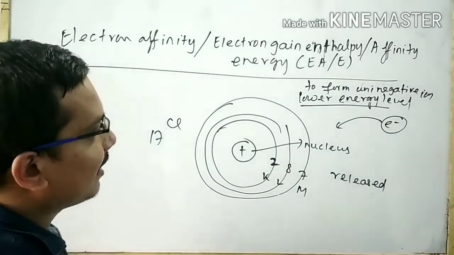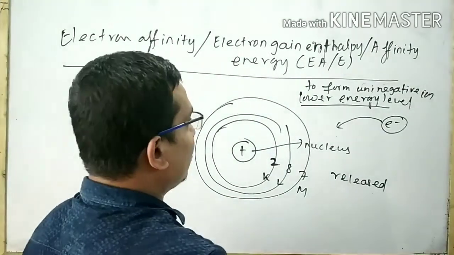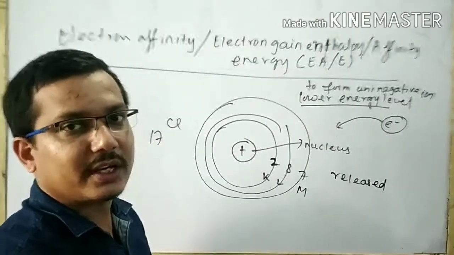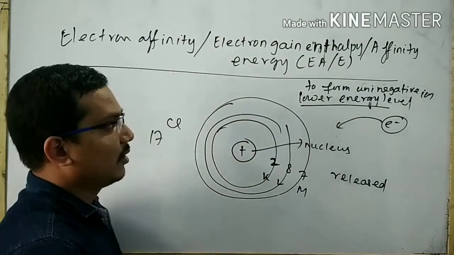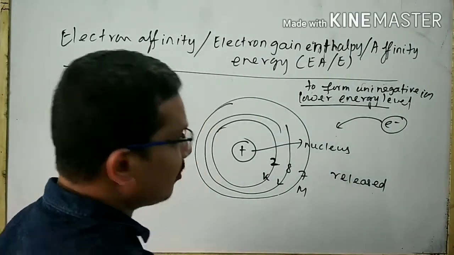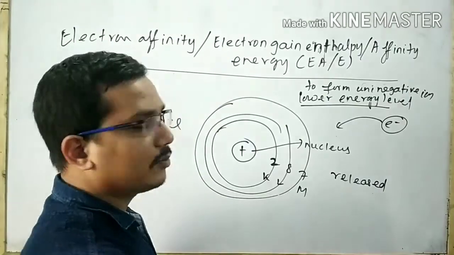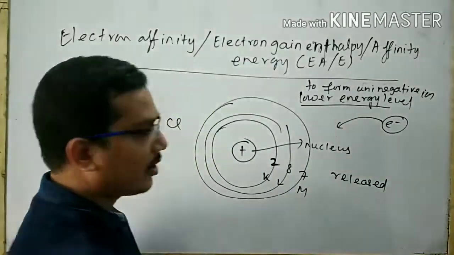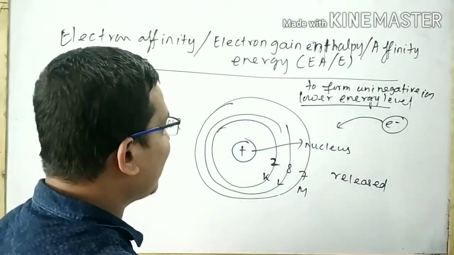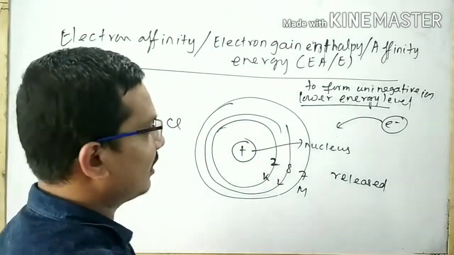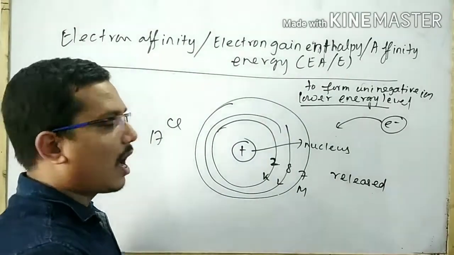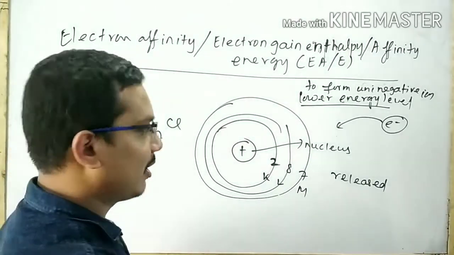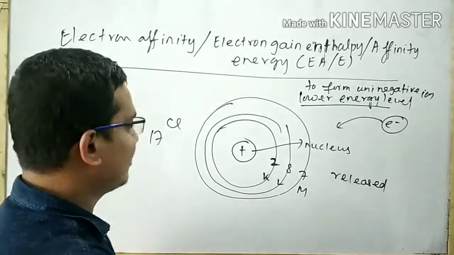So remember, the added electron is always added in the lower energy level nearer to the nucleus, but the electron to be removed is always removed from the outer cell, because outer cells are far away from the nucleus, the electrons there are loosely attracted, and it is very easy to remove the electron from the outer valency.